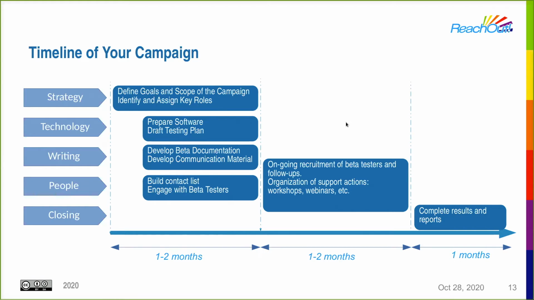Then there's the campaign itself, and the recruitment of the beta testers together. So maybe we can think that this will last 1 or 2 months, and to complete the results about 1 month. So in total, it could be anything between 3 months and 5 months, depending on your level of readiness. And of course, as I said, if you've got some of those items already ready, we can shorten that.